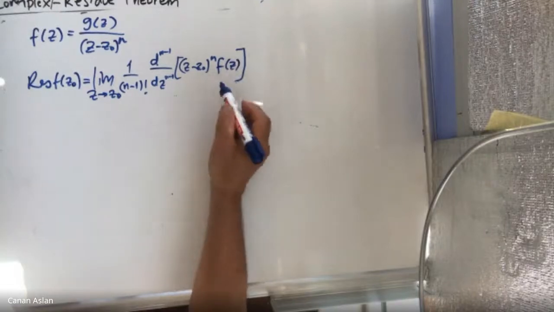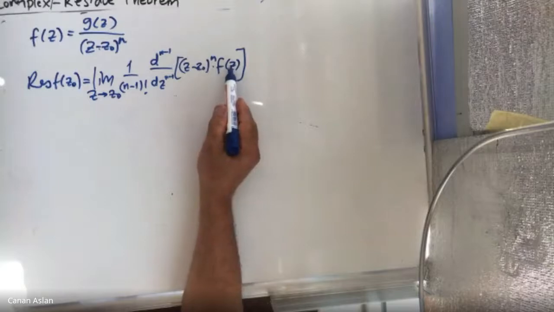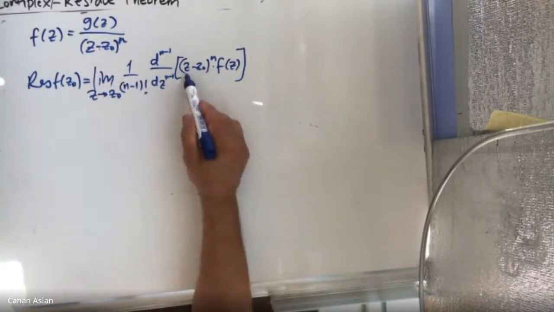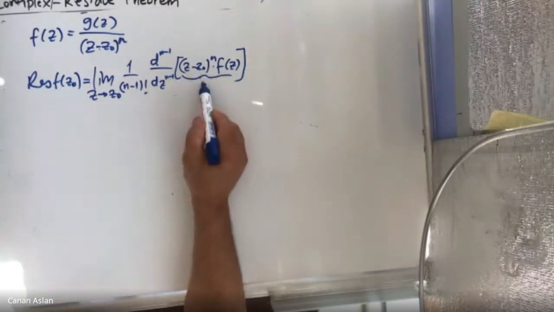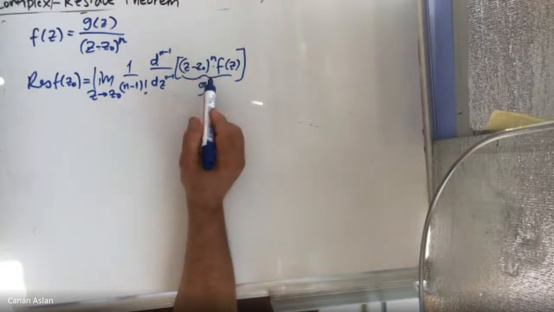As you see, again, we get rid of this by multiplying the function, but the rest of the function, except this, is just g. We take the derivative of g.